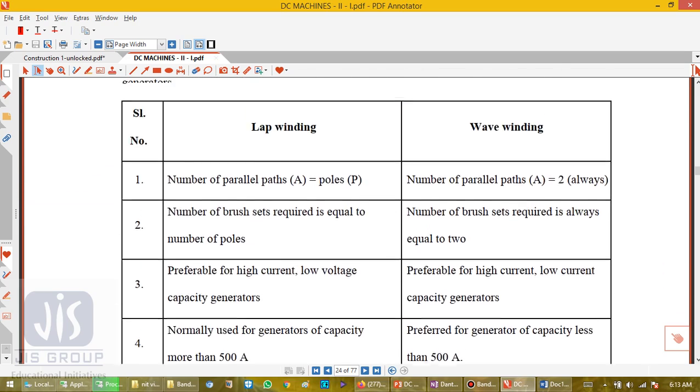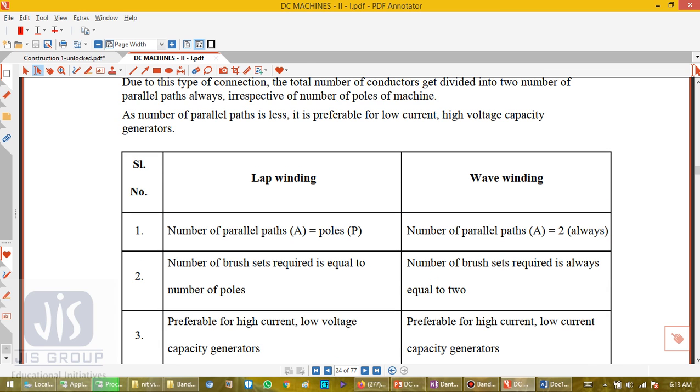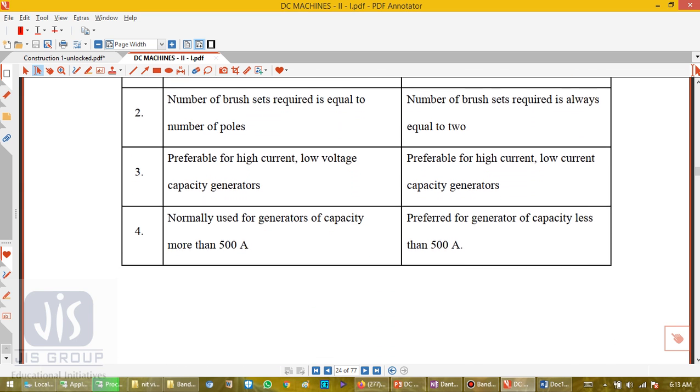So later on we will discuss armature winding in detail, and the difference between these two types which I have mentioned, lap winding and wave winding.